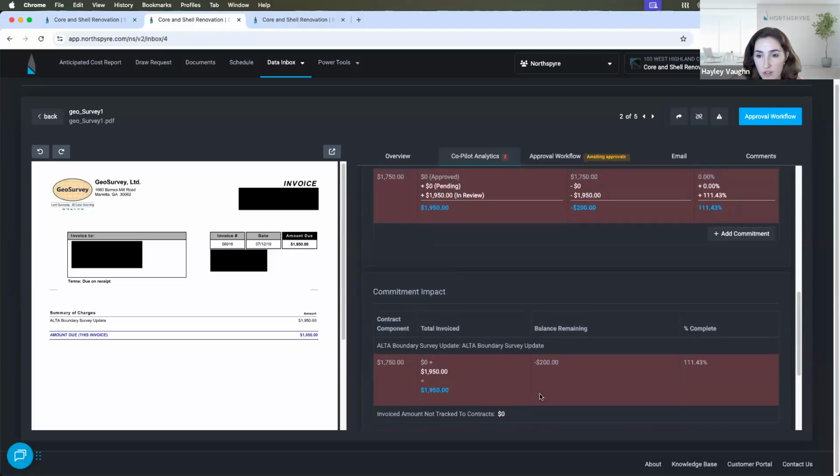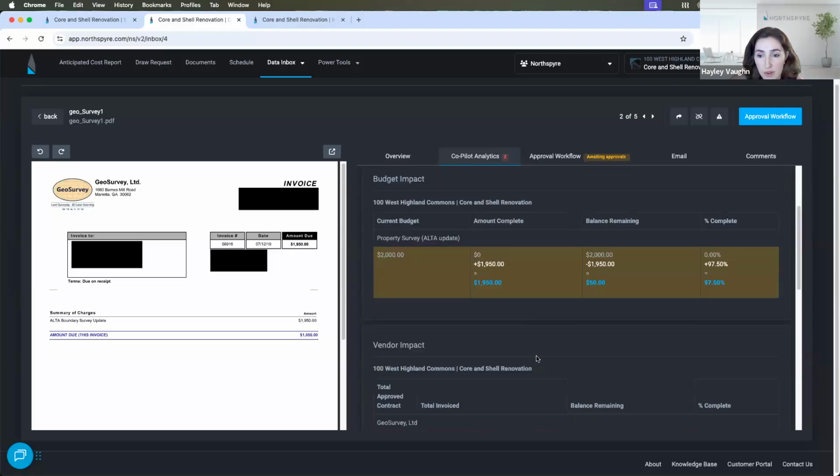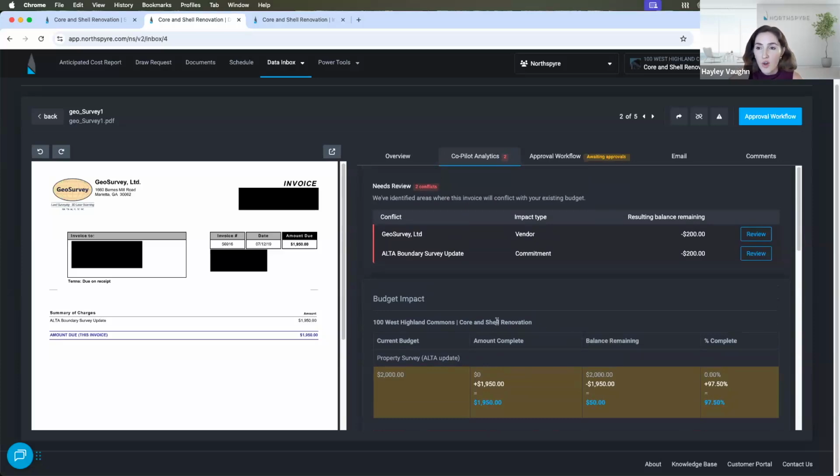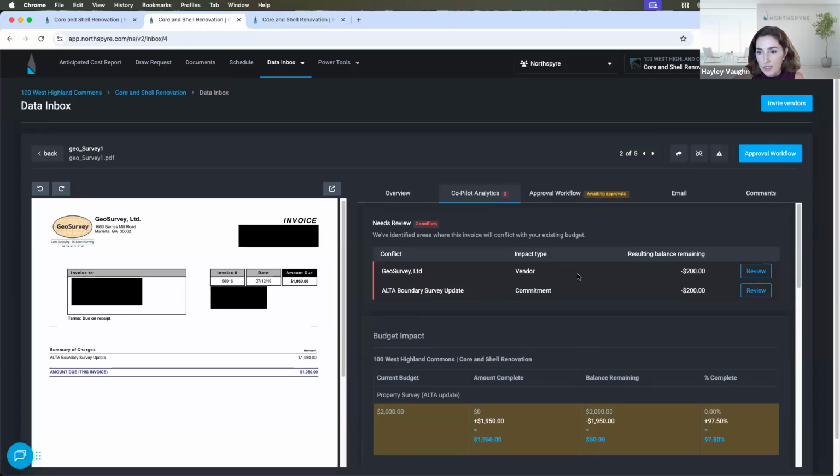So it's flagging all of those, and you can see obviously some are in red and amber, which you might want to take a second look at before accepting this invoice. All of that's here proactively letting you know, so you can make faster decisions, get invoices approved, keep vendors paid, and moving along, not causing delays on your project.